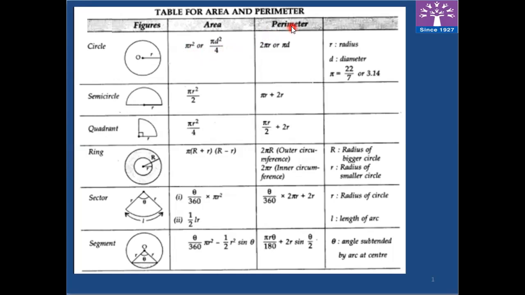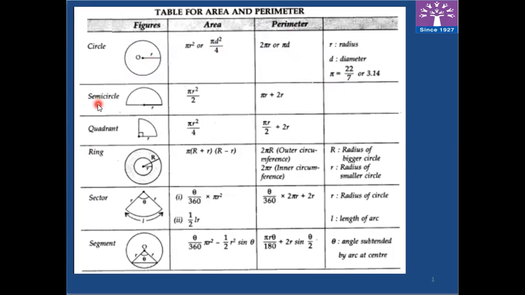If we consider the perimeter, it means this circumference part, that becomes the perimeter. Then it will be 2 pi r, or in the case of a diameter, it will be pi d. Pi is generally considered as 22 by 7 or 3.14.